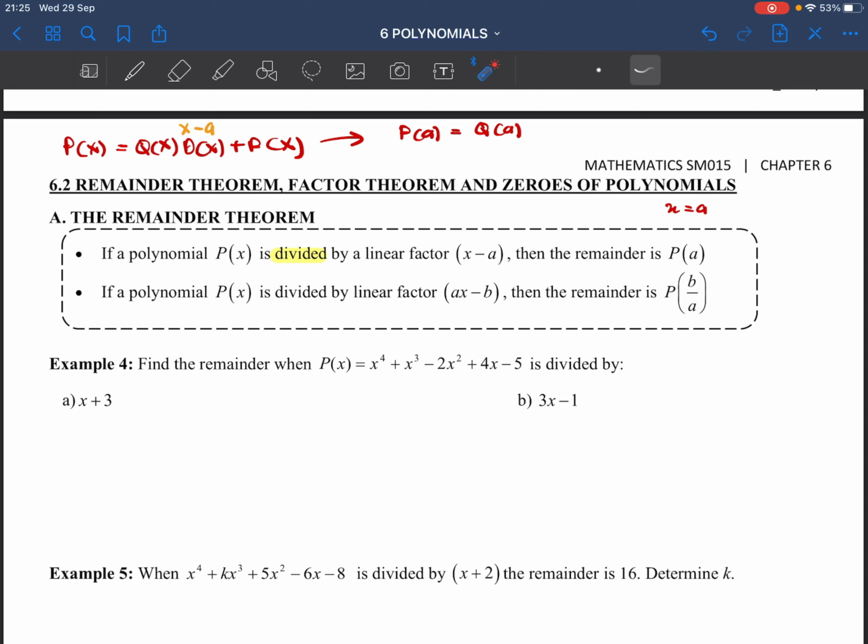If x equals a, this will be a minus a, multiplied by Q(a), plus R(a). As you can see, a minus a gives 0, so all of this will be 0. So we are left with P(a) equals R(a). R(a) is the remainder of your polynomial.